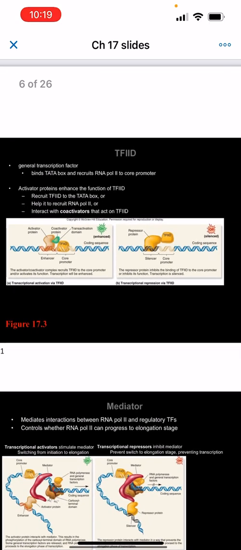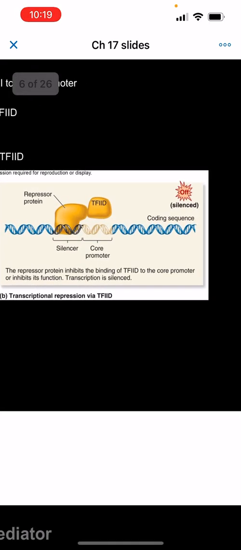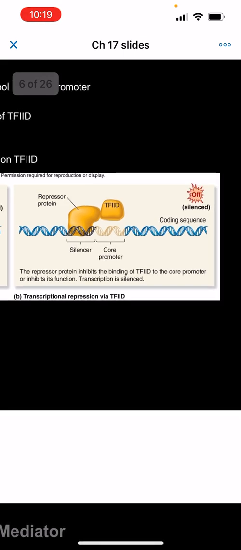All right. Now repressors, on the other hand, remember they bind to silencers? The way repressors can work is they can actually grab TF2D and prevent it from doing its job. So they inhibit TF2D from finding the TAT box. And if TF2D doesn't find the TAT box, right, RNA polymerase can't come in there and bind to the core promoter.